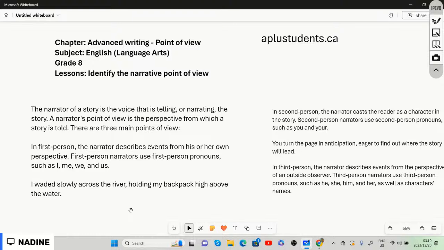So he's telling the story or narrating the story, but in first person, he or she is basically describing the events that are taking place within the story in his or her own perspective.